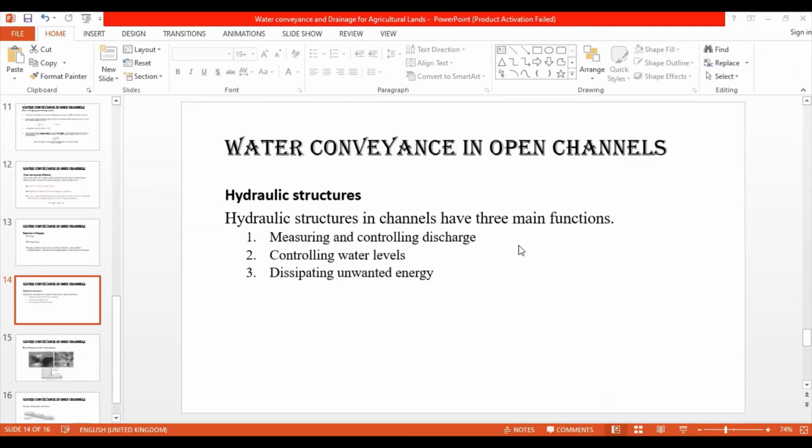So we're talking about hydraulic structures in channels, and we said that when we build channels, we need to regulate. If the water is passing through my channel, I need to regulate how much of that water goes into my field, or else in the end I might have a flood.